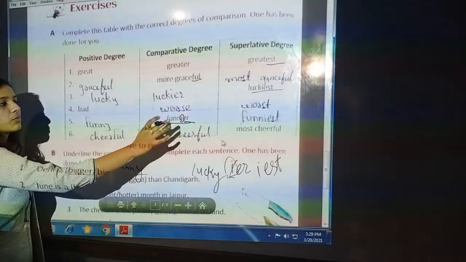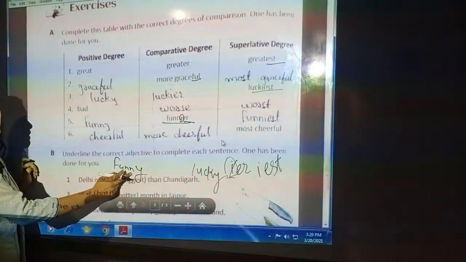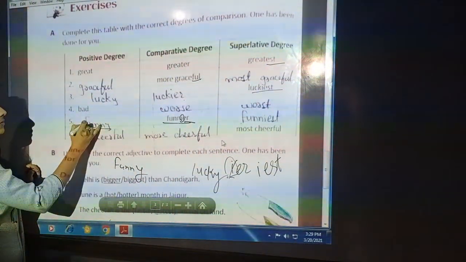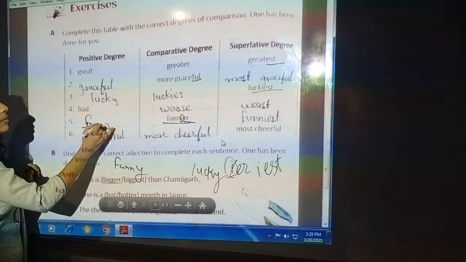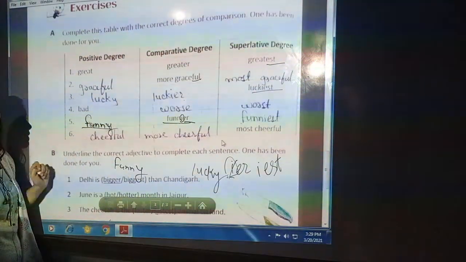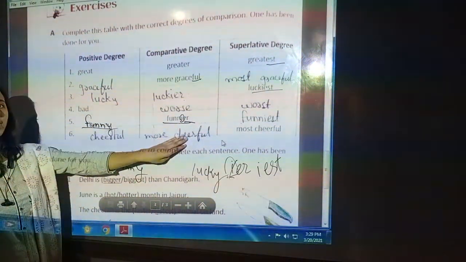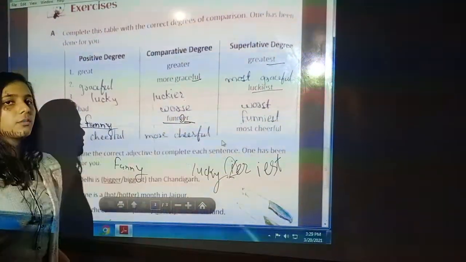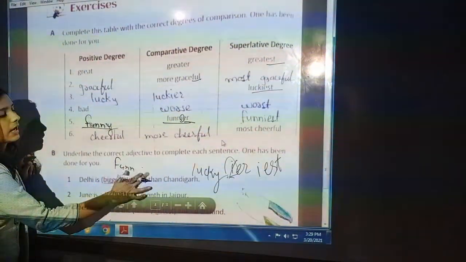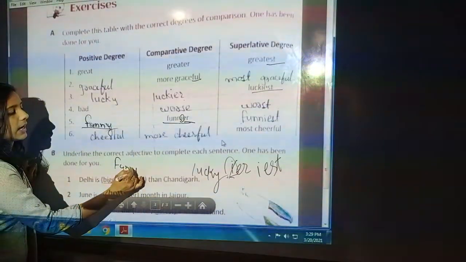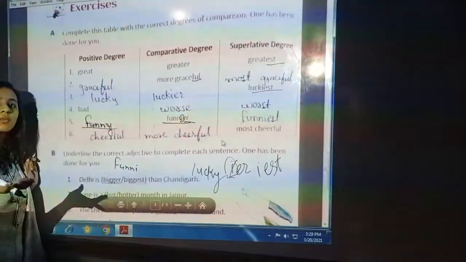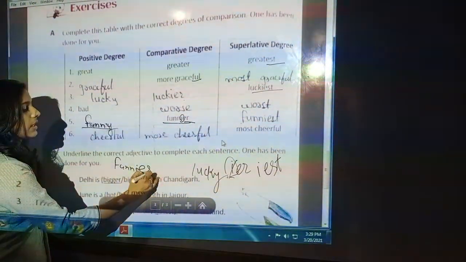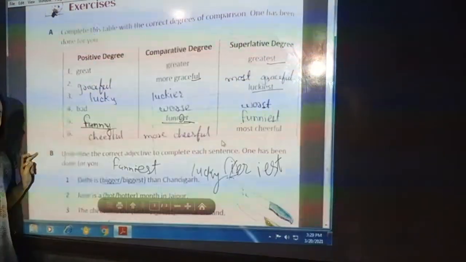So it will become funny, FUNNY, funny, and in comparative degree that is already given, funnier, and in superlative degree Y will be replaced with I, and to convert it into superlative degree we will add EST, funniest.